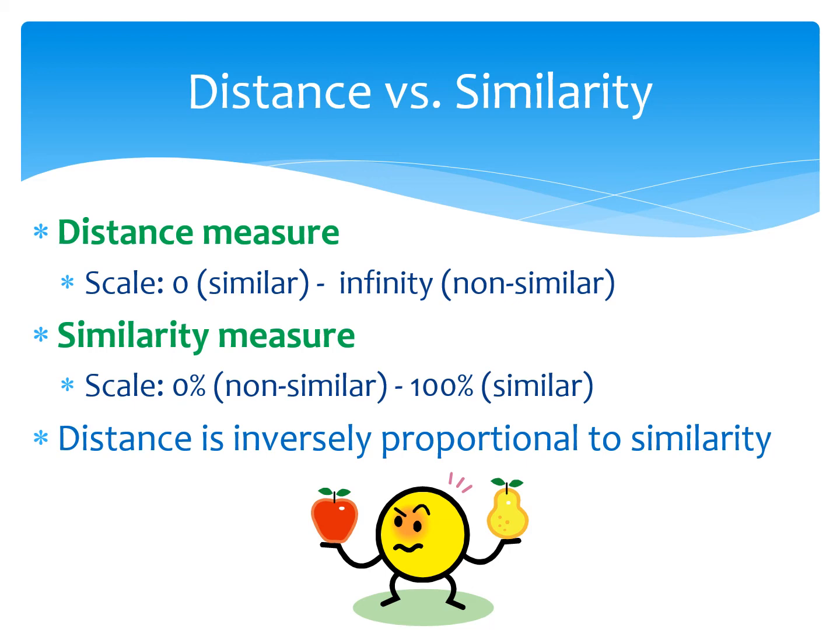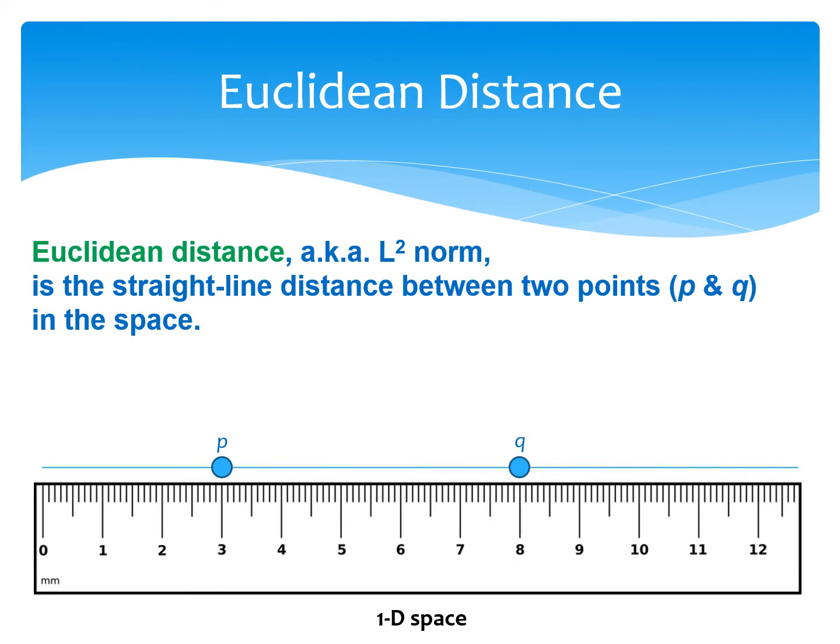In this project, we adopt a widely and commonly used distance measure named Euclidean distance. Euclidean distance, also known as L2 norm, is the straight line distance between 2 points in the space.